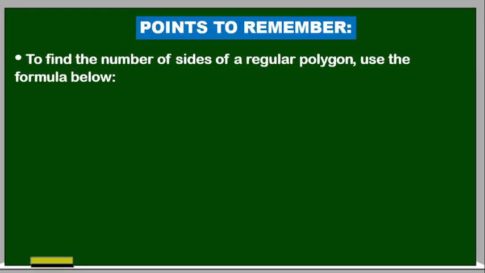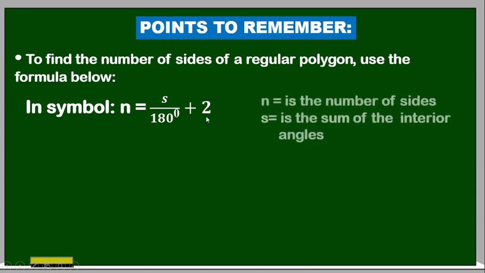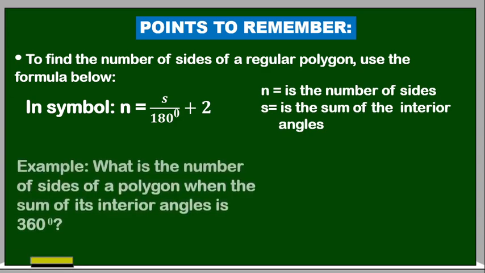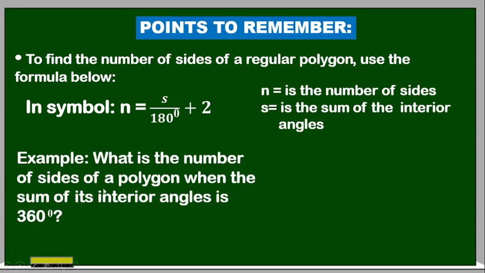To find the number of sides of a regular polygon, use the formula below. In symbols, n is equal to S over 180 degrees plus 2. Let's have an example. What is the number of sides of a polygon when the sum of its interior angles is 360 degrees?